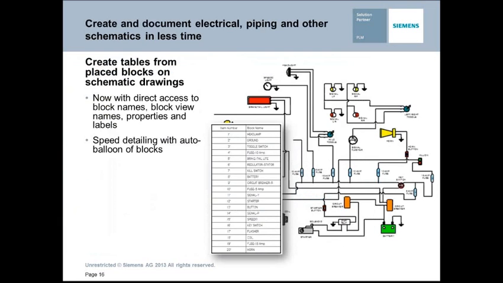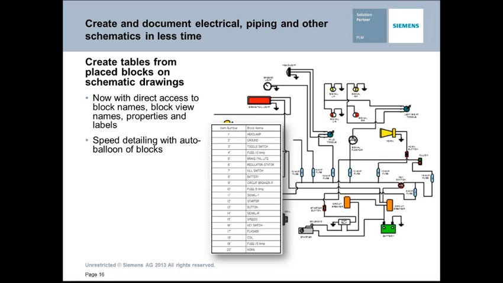Besides doing things like assembly design, we've even enhanced our 2D. So for those of you that didn't know it, Solid Edge has a free drafting package. The free drafting package also has block capabilities. That block capability opens up Solid Edge to not only the mechanical side of your engineering department, but also to your electrical and your hydraulic and pneumatic and things of that nature where people have to make diagrams.